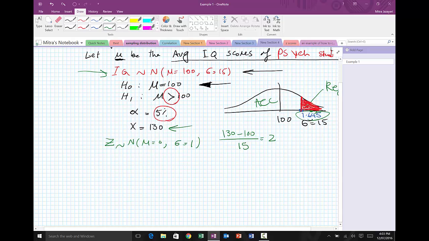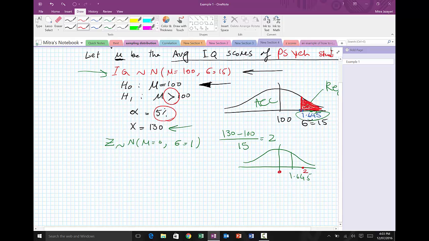So this is 1.645, your observed z-score is 2, and it's more extreme. Here the mean is 0.